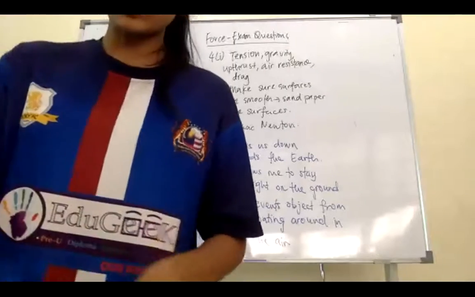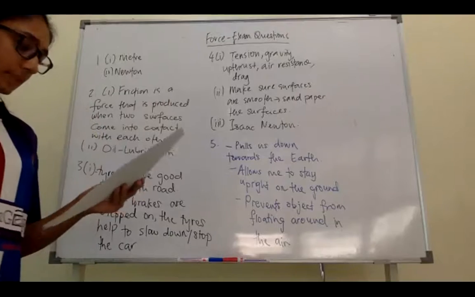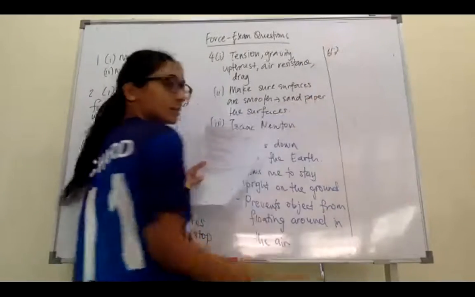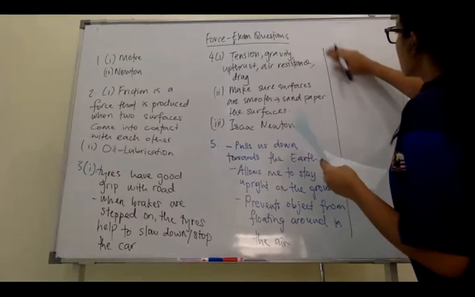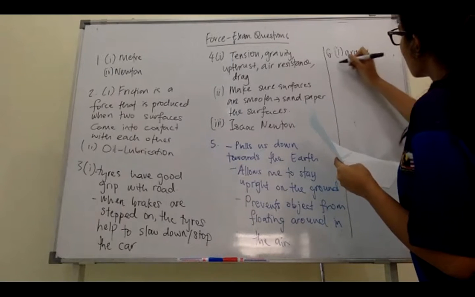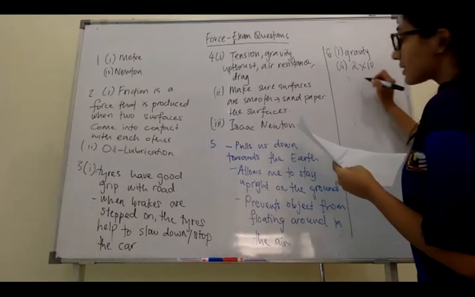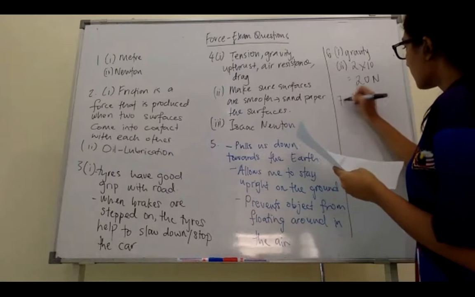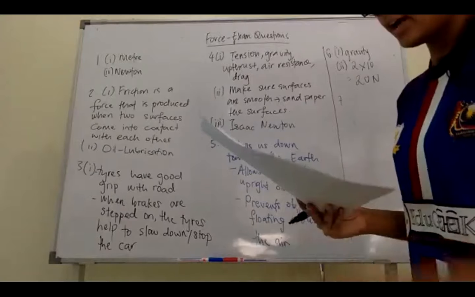What is the weight of the stone on the earth? 2 times 10, because 10 is the gravitational acceleration for Earth. 20 newtons. By gravitational acceleration, you mean gravitational field strength, right? Yeah.